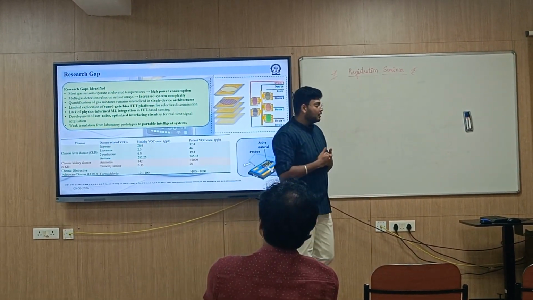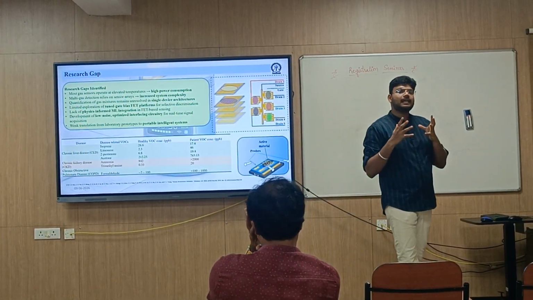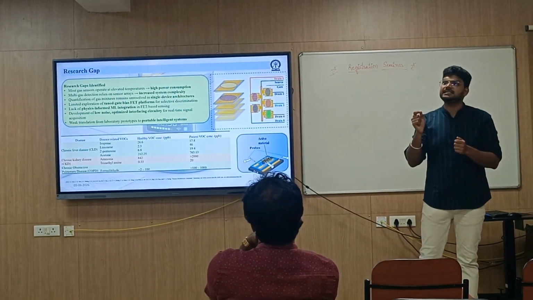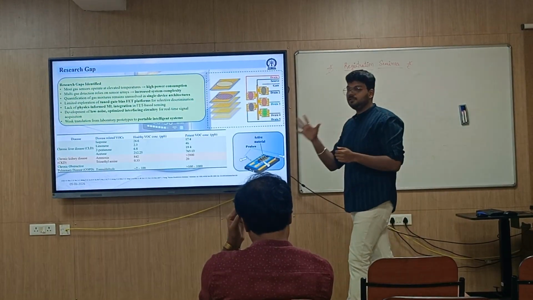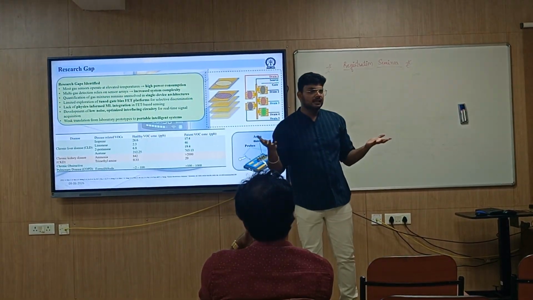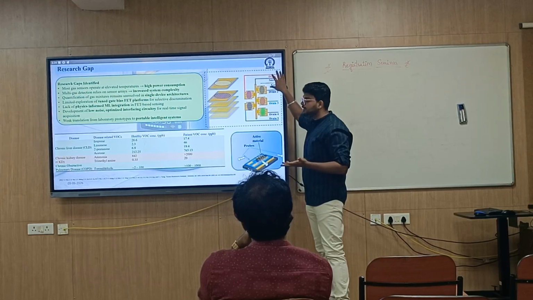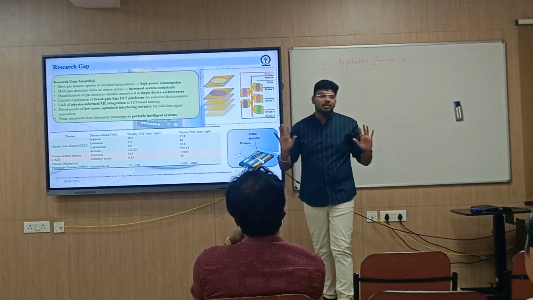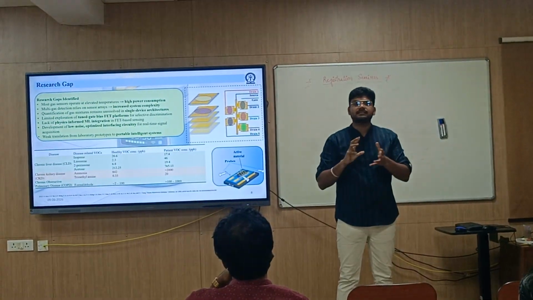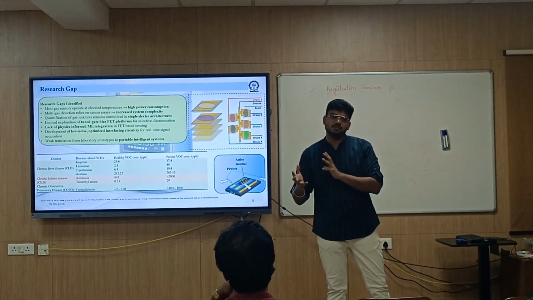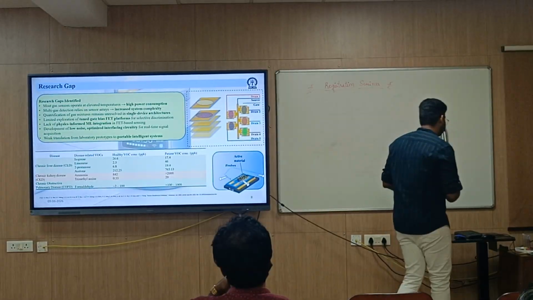So if I am able to make a single sensor which can detect multiple VOCs, our signal processing part is also optimized, and we can check the cross-gas sensitivity as well.